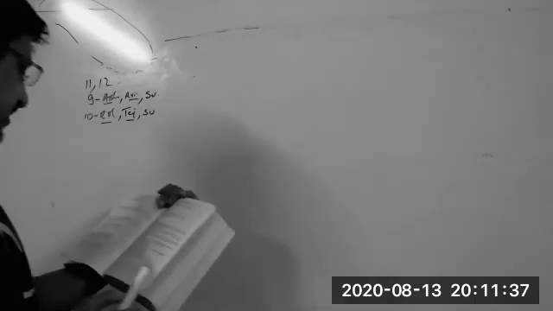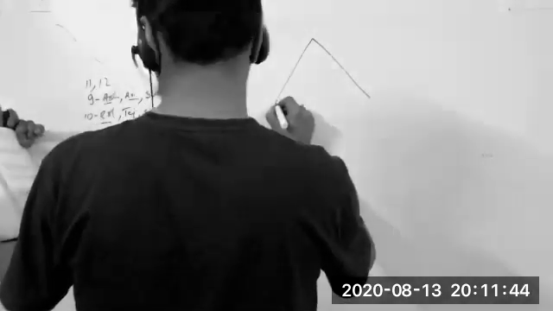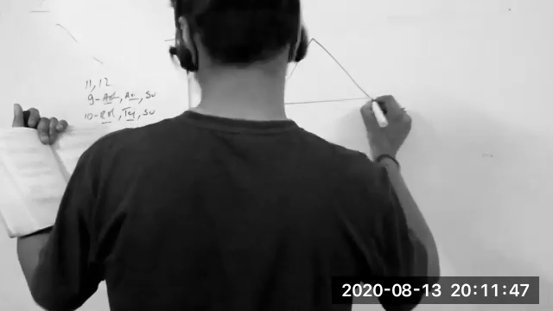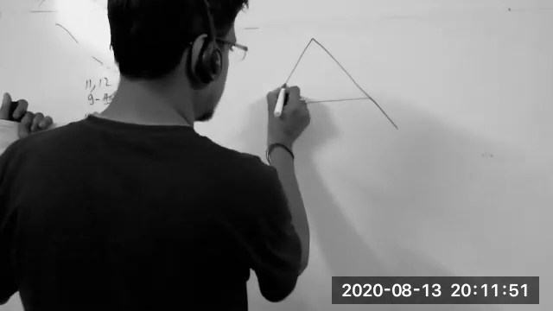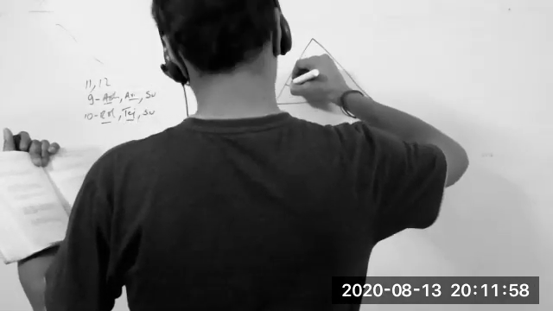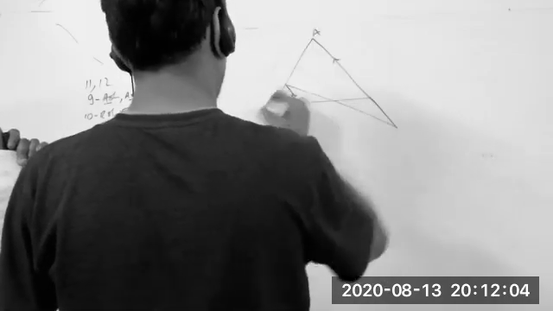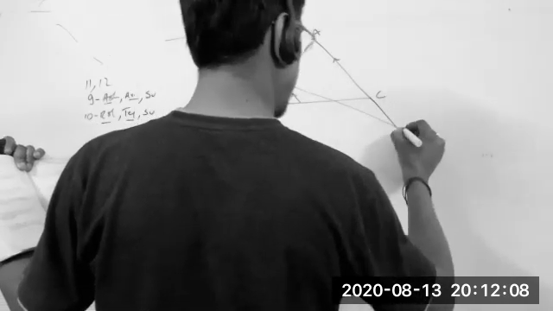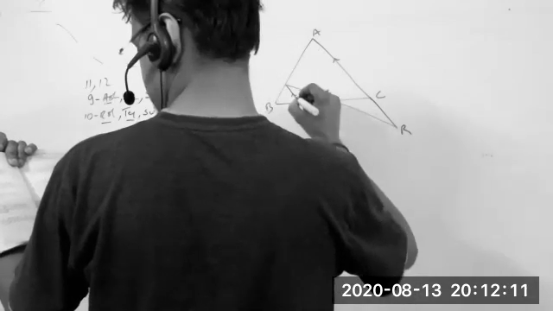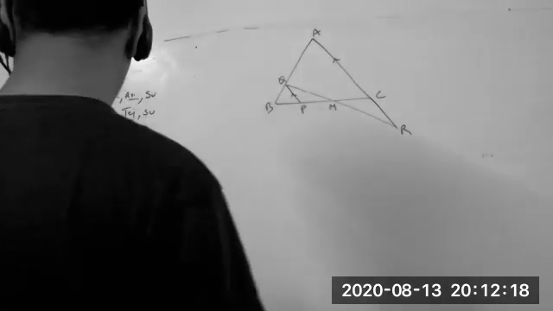Now going to the 12th question. In the given figure, ABC is an equilateral triangle.